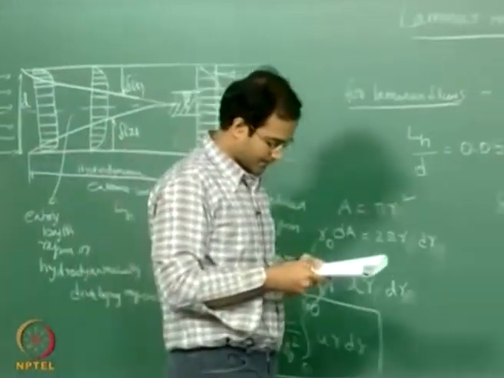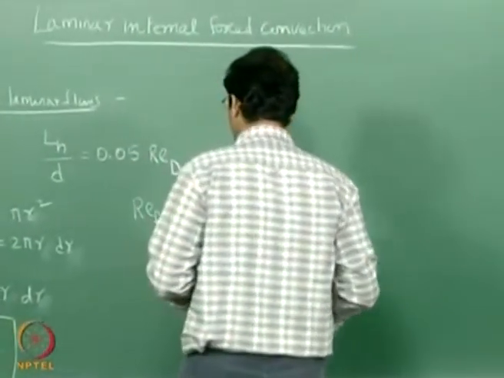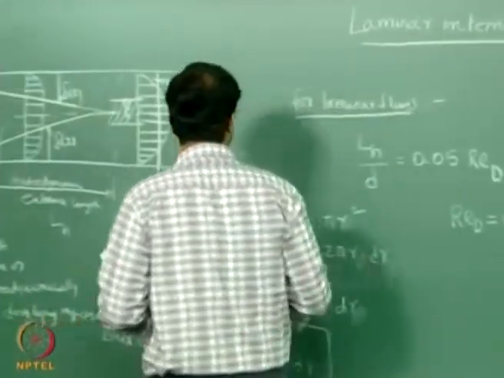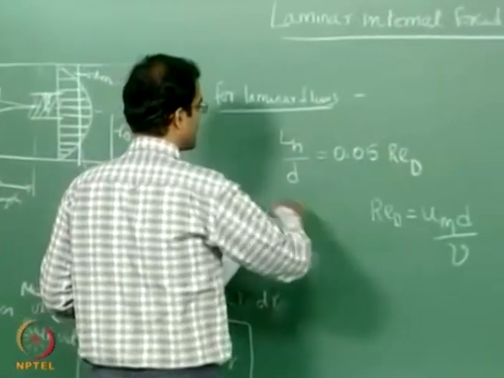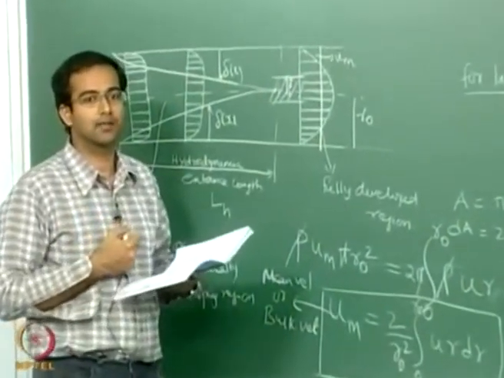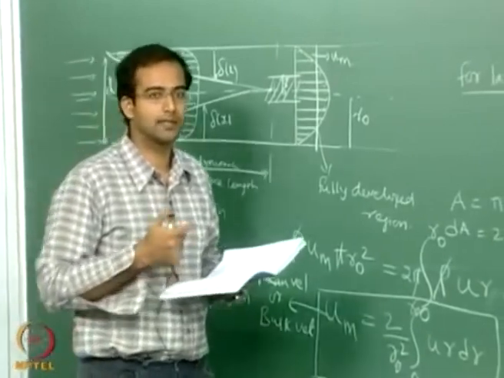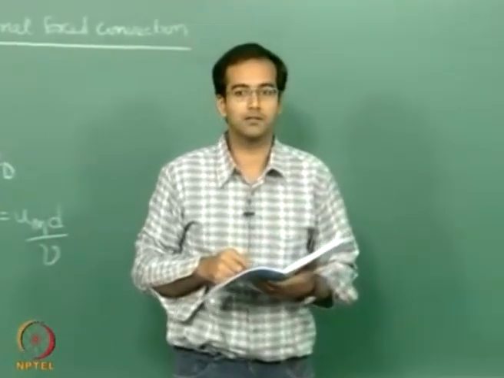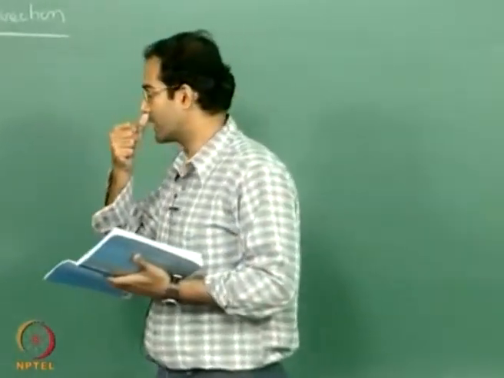Okay, now based on the Reynolds number, you can again classify. Now when I say that for laminar flows this is the relation to calculate my entry length, how do I first determine whether the flow is laminar or turbulent? Once again I use the definition of Reynolds number to check if it satisfies a certain cutoff, or a critical Reynolds number.